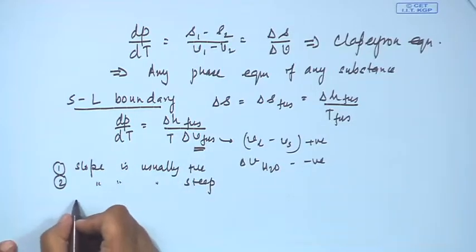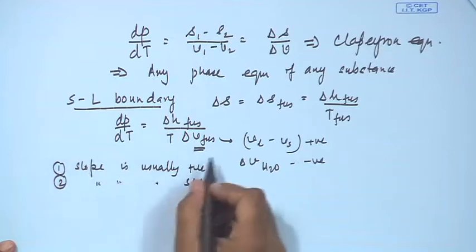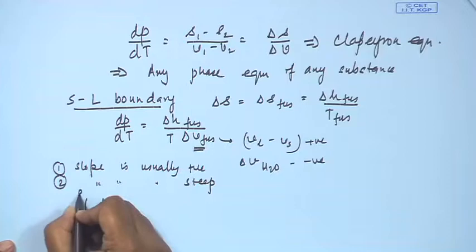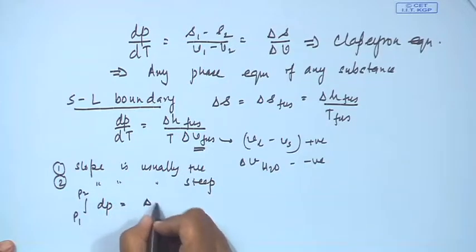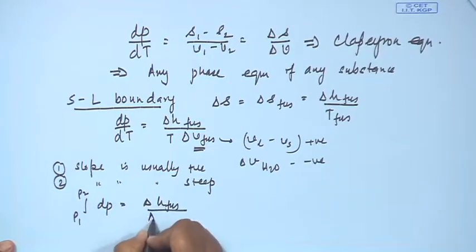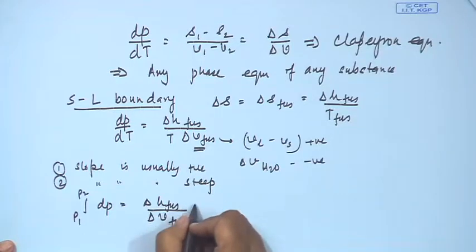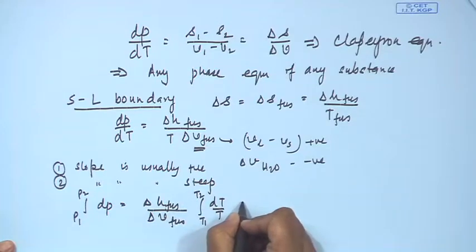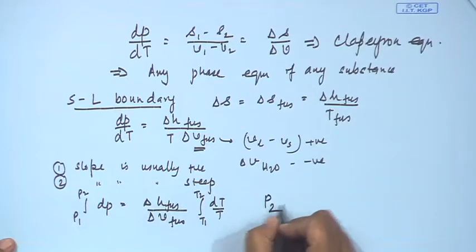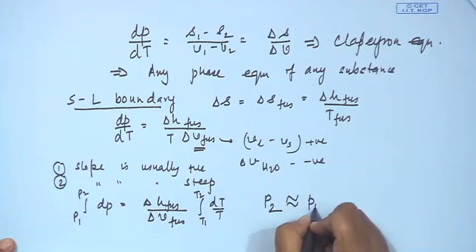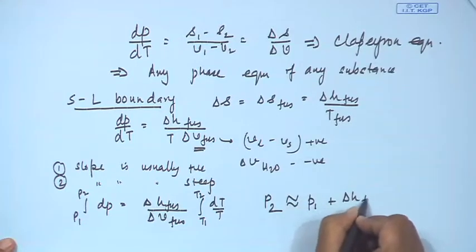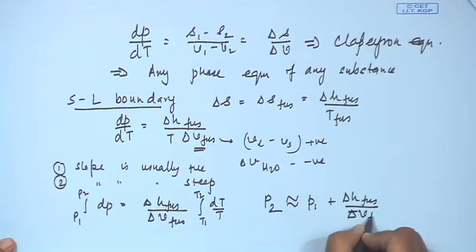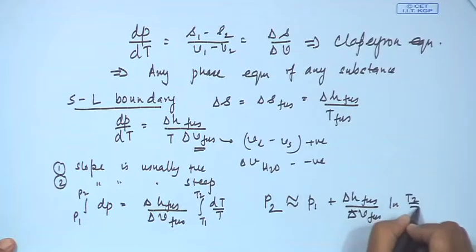And so, from here we can easily integrate this equation as well, say from a pressure P1 to P2, and assuming that delta H fusion and delta V fusion are more or less constant with pressure, we can get an expression where the final pressure is the initial pressure plus delta H fusion by delta V fusion into ln T2 by T1.